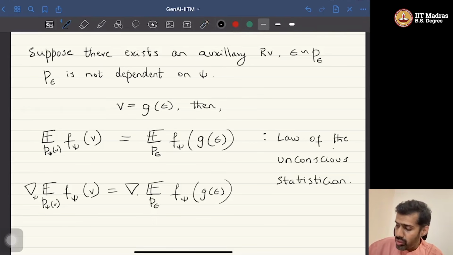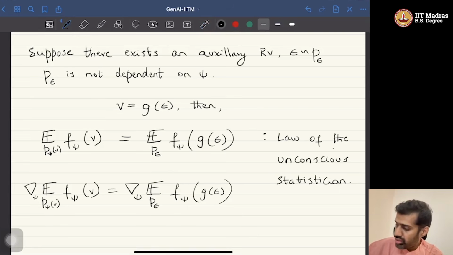We removed the dependence of the sampling step, or rather we shifted the sampling step out of the expectation. So now with this, while the gradients are with respect to psi here, the expectation is not with respect to a distribution that depends on psi, correct?